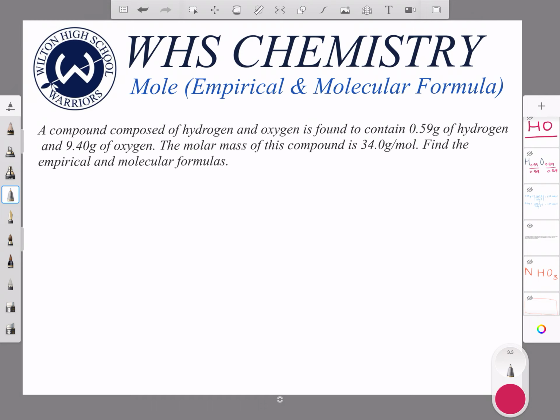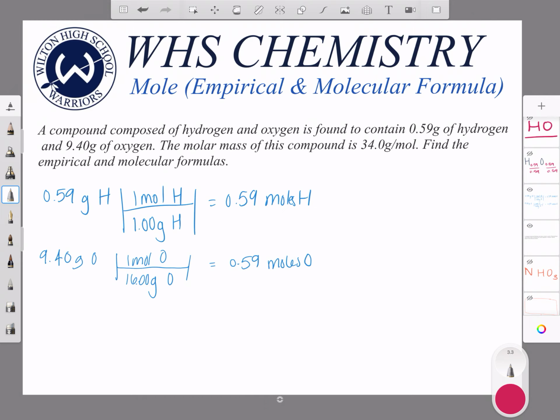Like we did before, we want to do our grams to moles conversion, and make sure we start off in grams in order to do the conversion to moles. We use the molar masses from the periodic table to do the conversion. So we get 0.59 moles of hydrogen and 0.5 moles of oxygen.